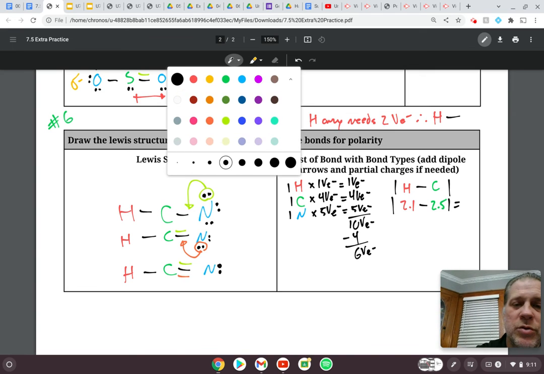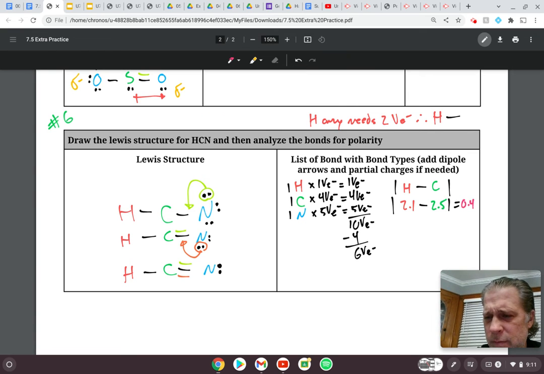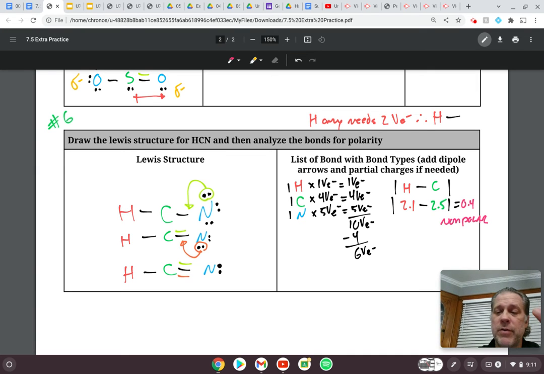So that adds up to a 0.4, which means it's non-polar covalent. And for non-polar covalent, we don't have to draw dipole arrows or partial charges. So we're done with that part of this structure.